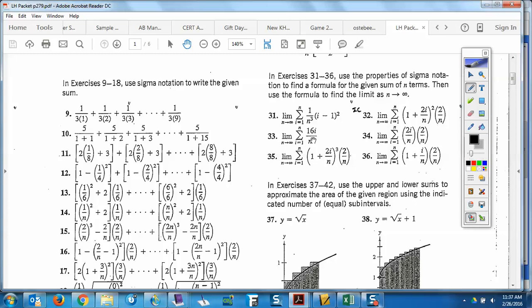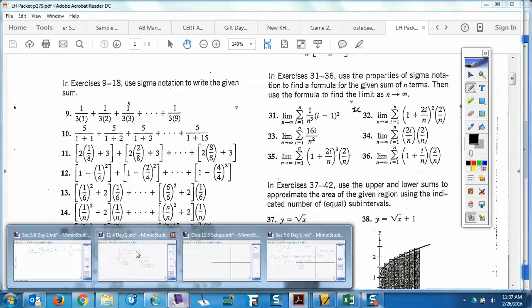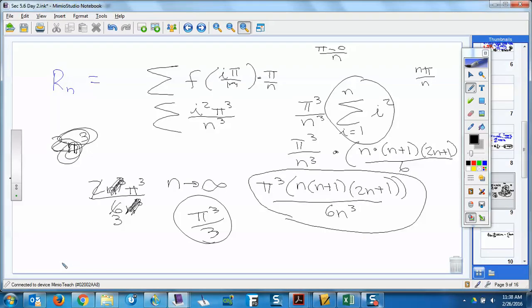It'd be just what we did at the end right here when we had this sigma, which you then turn into this with your formulas, and then you do the limit as n goes to infinity. So the last couple problems are just this last bit we did here. Okay? So that's the sequencing in the homework.